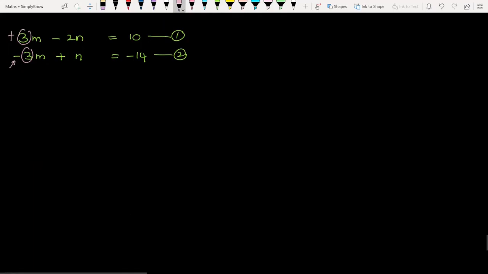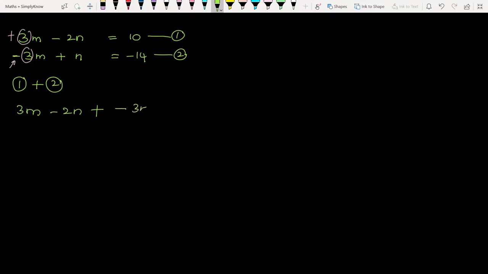So when we have different signs, we need to add the two equations. 1 plus 2. First equation, 3m minus 2n. For this, I'm going to add the second equation's left side. Now there is a minus mark over here.